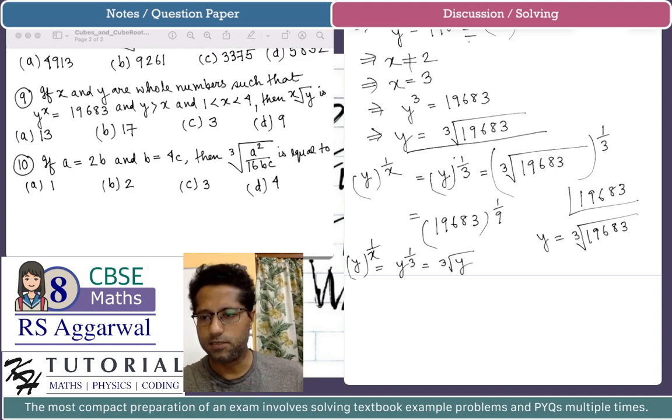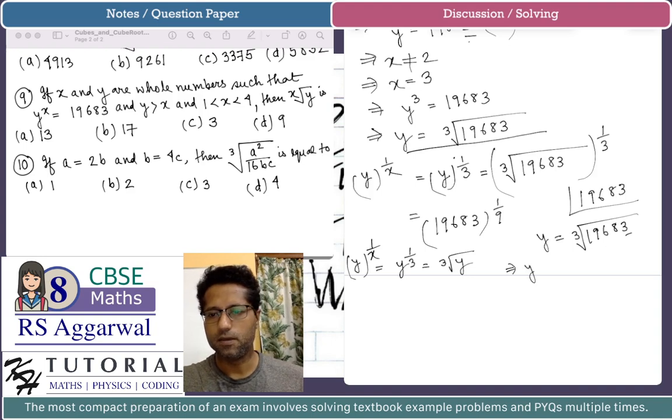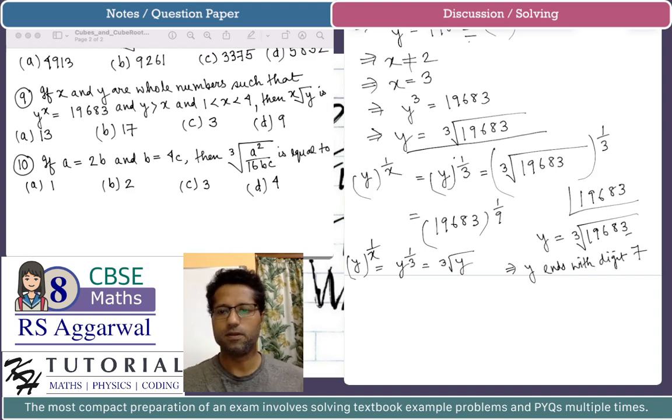Since the number 19683 is ending with 3, its cube root has to end with 7. So this implies that y ends with the digit 7.